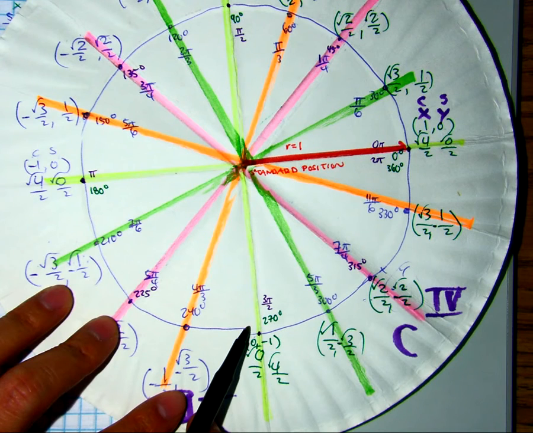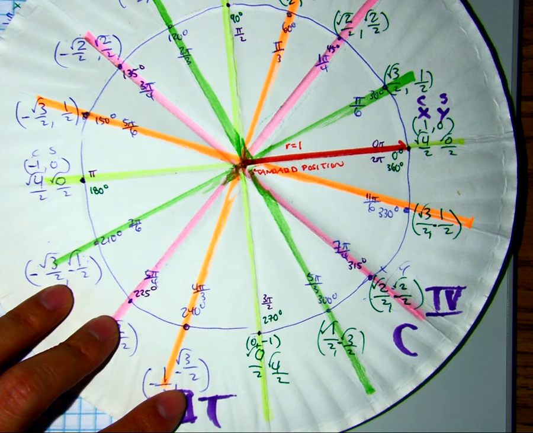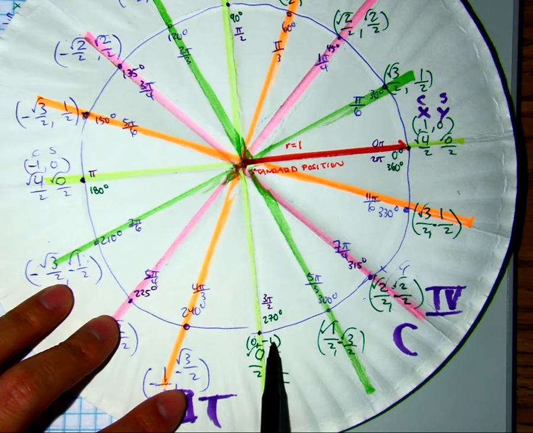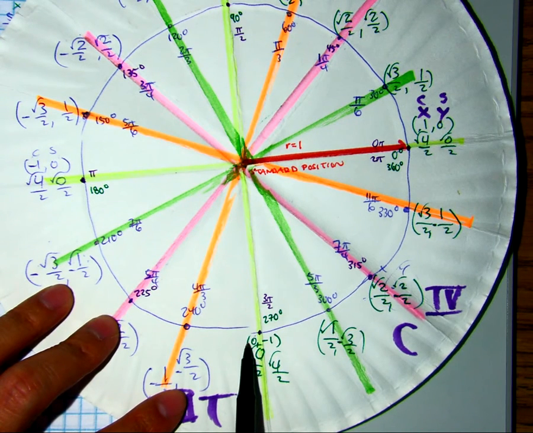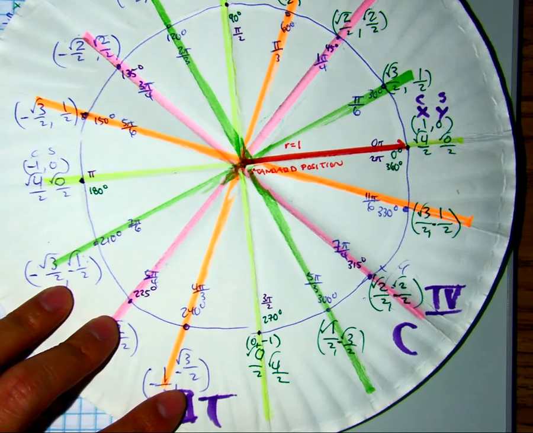Your choices are x over y or y over x. Y over x is correct. So what's negative 1 divided by 0? Undefined. So 3 pi over 2 and pi over 2 would be incorrect.